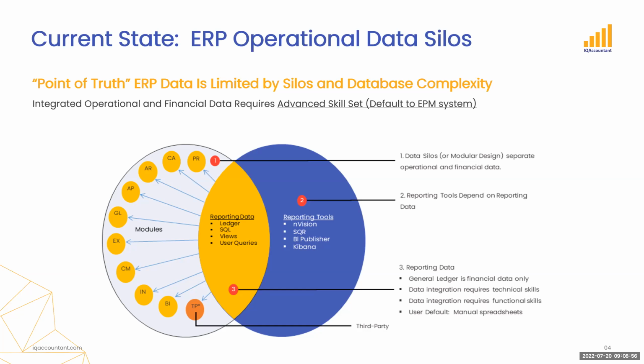But these EPM systems don't contain all that valuable information, and sometimes they're not real time. So sometimes it might make sense to incorporate that data in your ERP and have it available in one place, especially to support financial close. So those are some of the considerations when you're looking at ERP data.